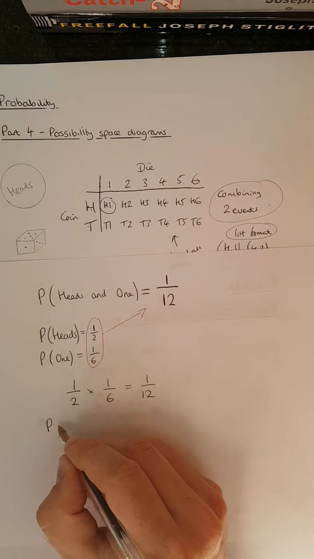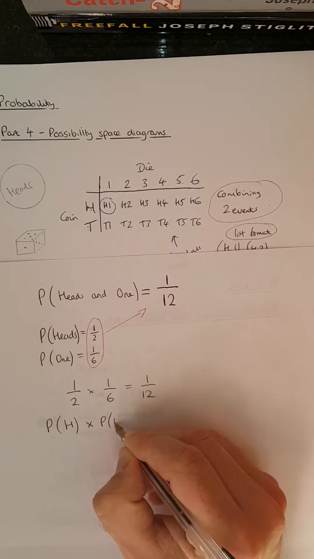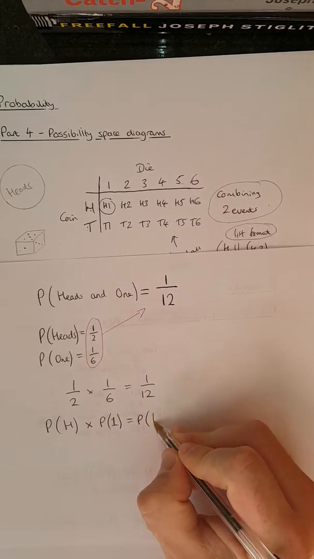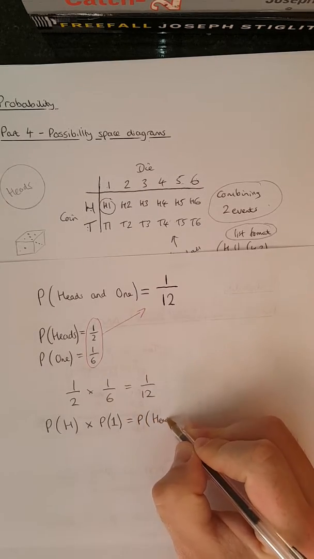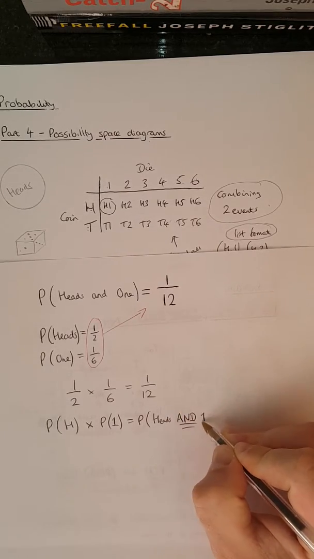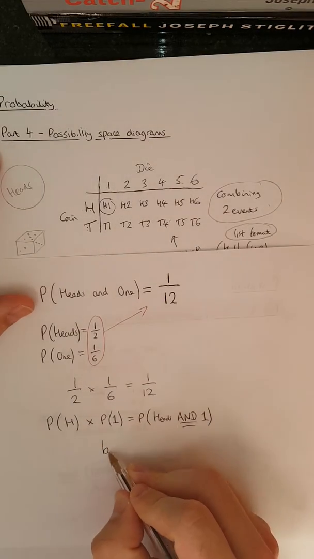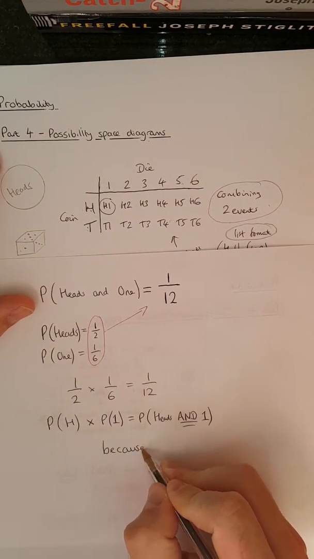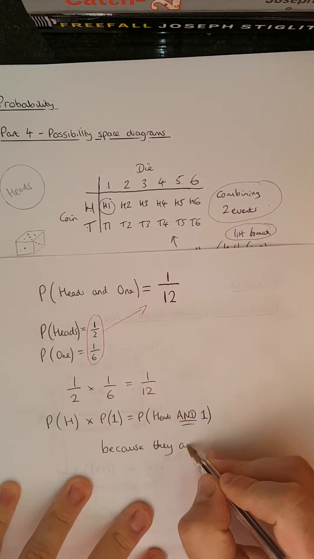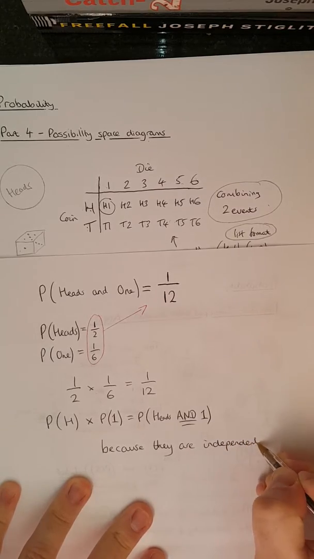The probability of a heads times the probability of a 1 was equal to the probability of a heads and a 1, because, and this is where what we've just explained is crucial, they are independent.